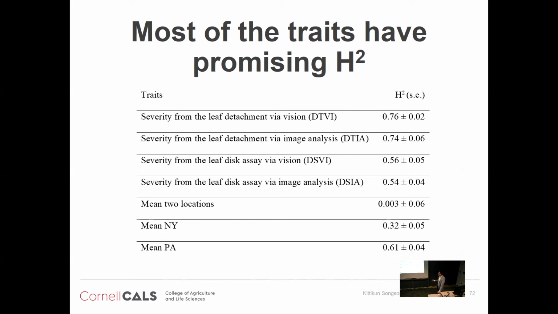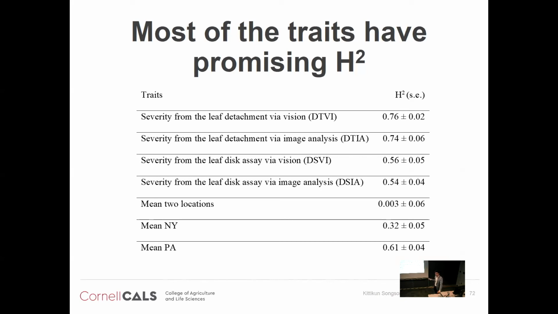0.6. I skipped this one because you remember there's a huge environmental effect here: you have high heritability in each location, but when you consider two locations, it changes. That's the point here.